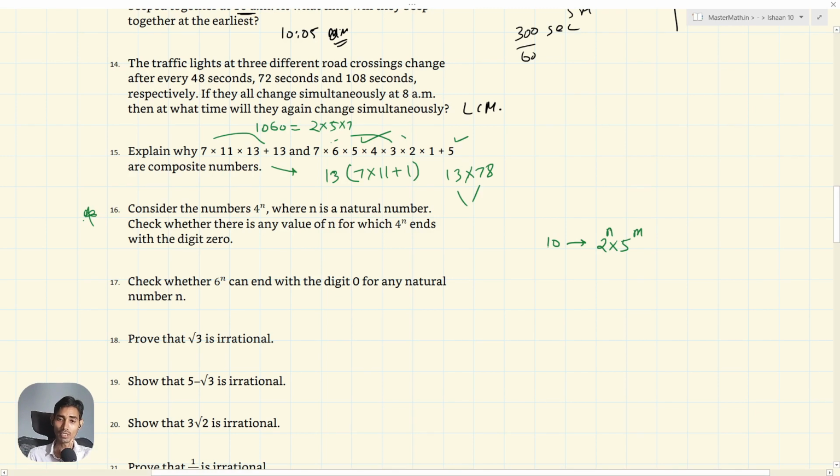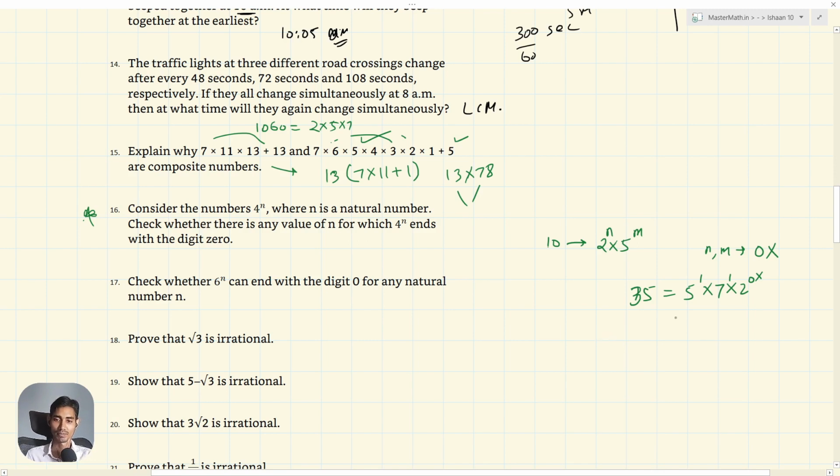Now mind one thing, n and m are natural numbers. What does natural number mean? You can't take 0. You have to start with 1, 2, 3 like that. Because suppose 35, it has 5 power 1 and 7 power 1, and we can write 2 power 0 also. But 2 power 0 is not a natural number.